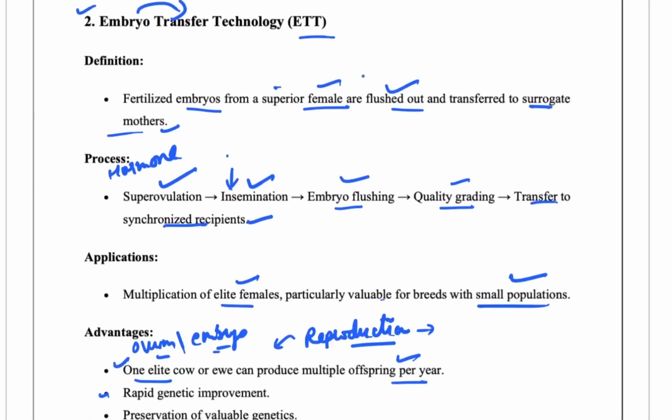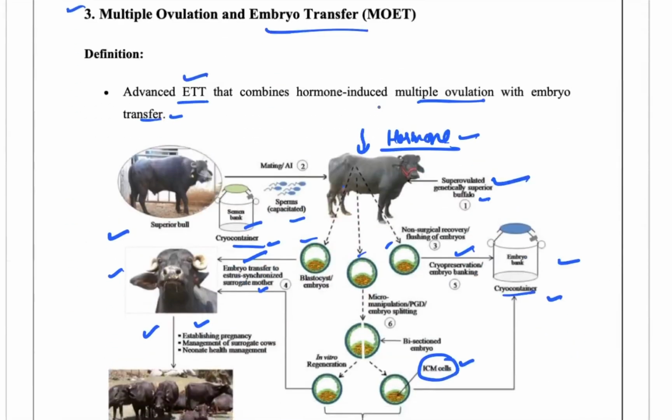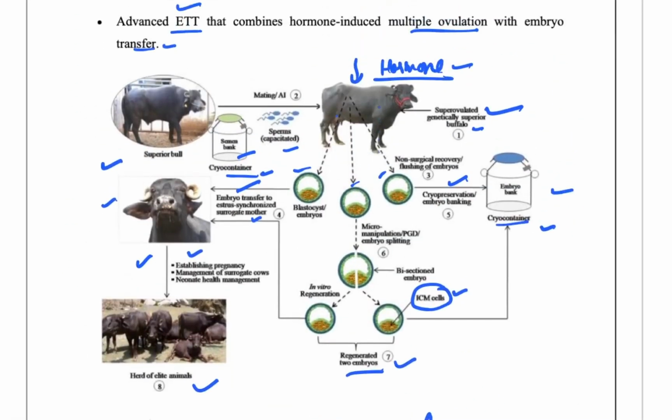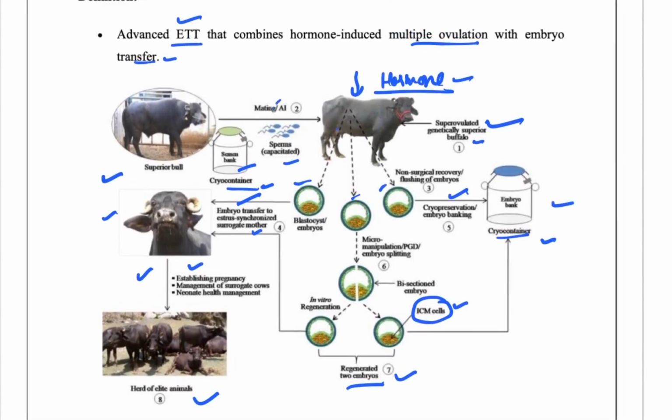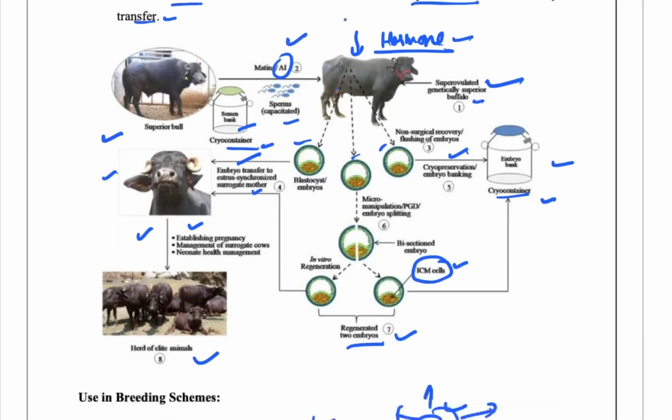In the embryo transfer technology, sometimes you don't use hormones to increase the number of ovums, right? So simply you just take the fertilized embryo from the elite female and then transfer it to the surrogate mother. That is the only difference in both these cases. And right now people are also using AI for this procedure, right? The sperm capacitation and other things.